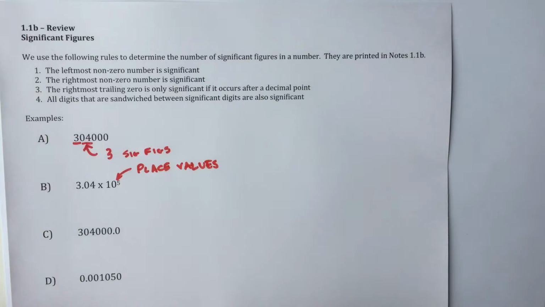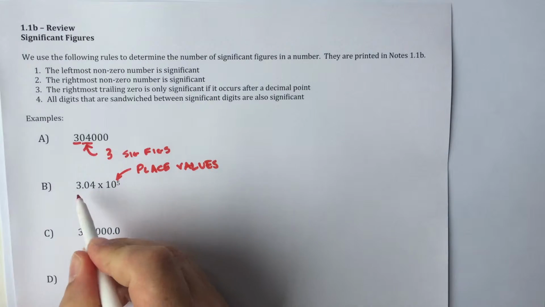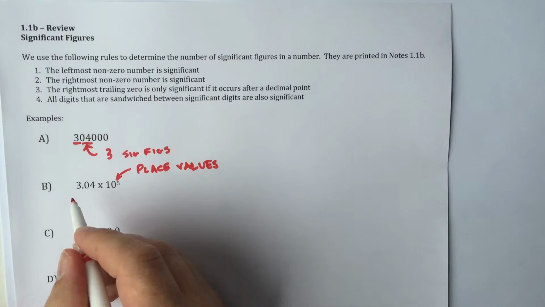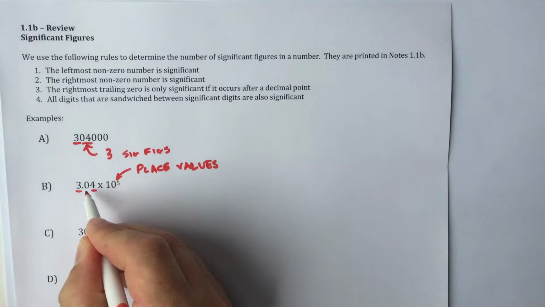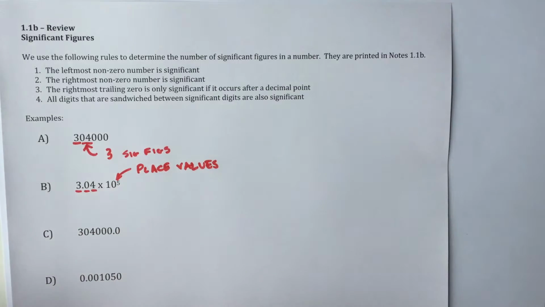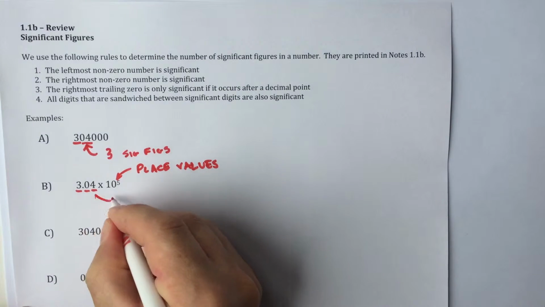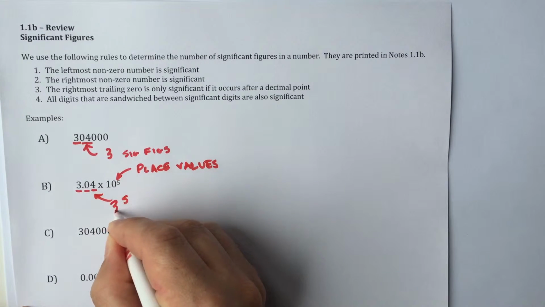It just tells us where our decimal point is, but it doesn't affect the number of significant figures at all. So the same as before, we run through our little list of leftmost non-zero, the rightmost non-zero, any number in between. There are no trailing zeros after the decimal, and again, we have 3 sig figs.